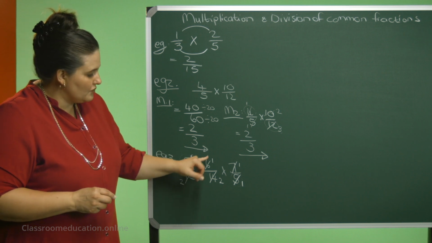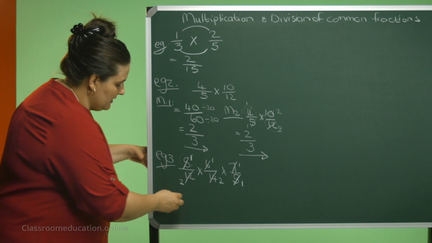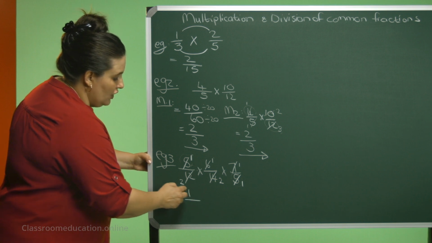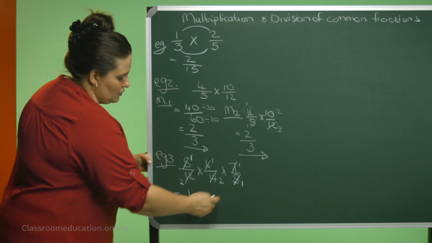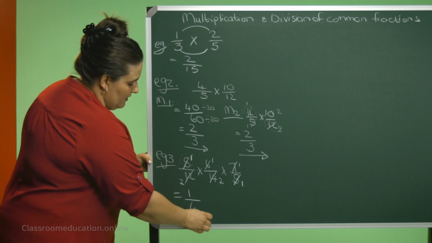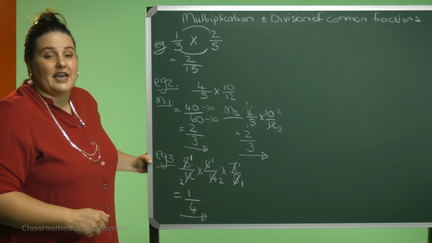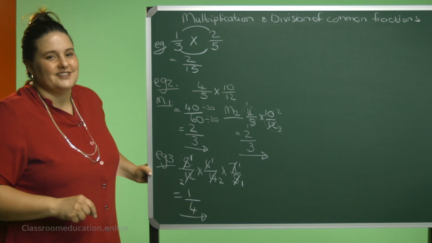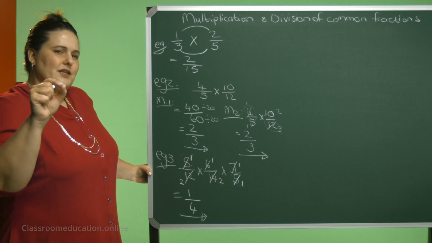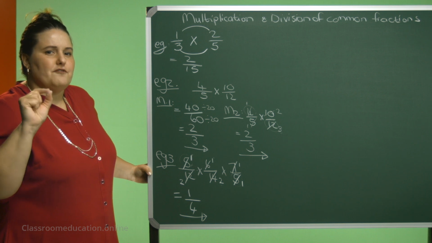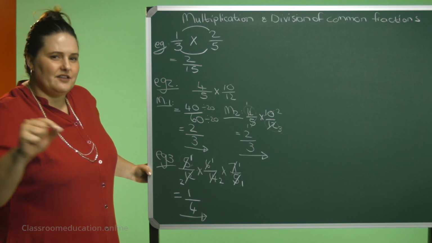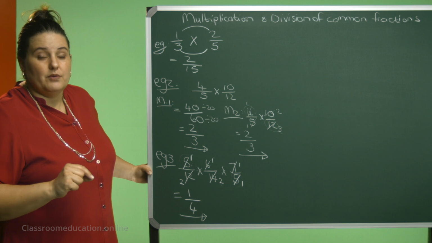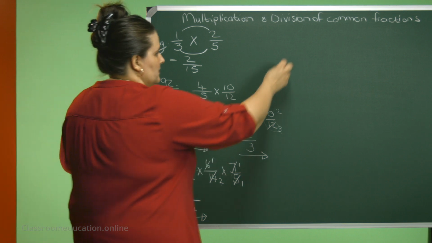So 1 times 1 times 1 is 1. 2 times 2 times 1 is 4. So you thought it was a difficult calculation, and now it's quite easy. One step and you have your answer. But what will you do if we are going to divide fractions? So now we will do some division.